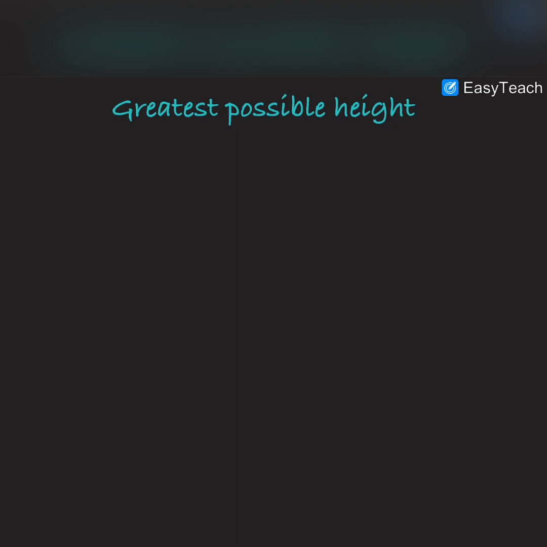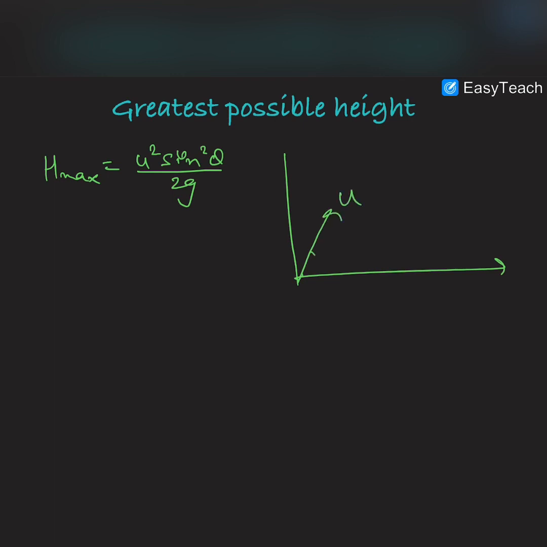So first of all, let's suppose we know that the maximum height attained by a projectile is u square sine square theta by 2g, and we want to find out that with the same projection speed u, at what angle we should project the projectile so that the height attained by the projectile is greatest.